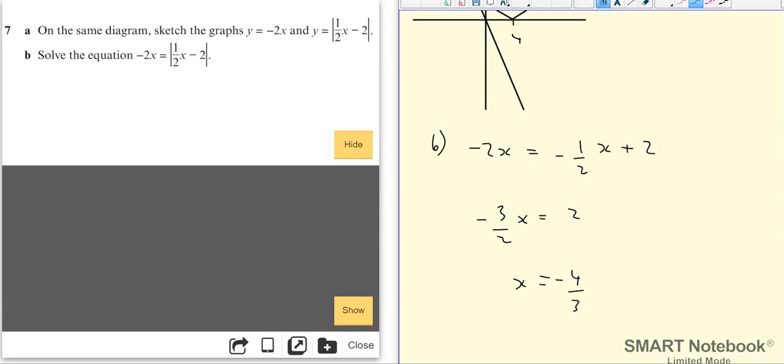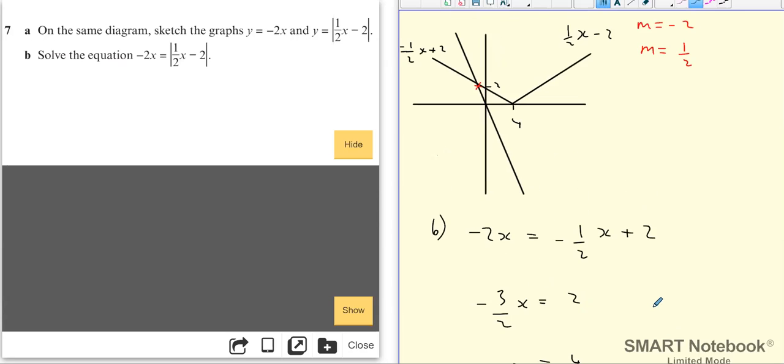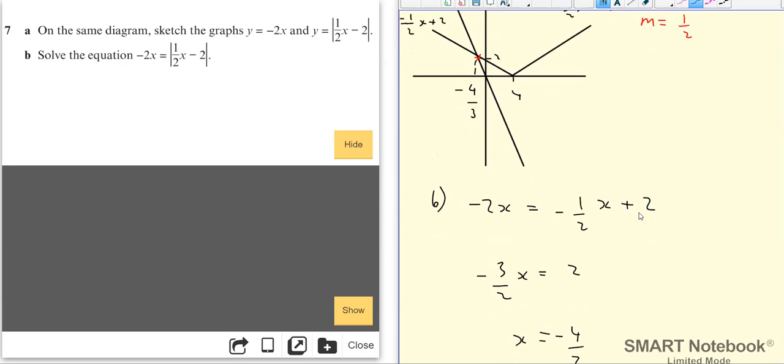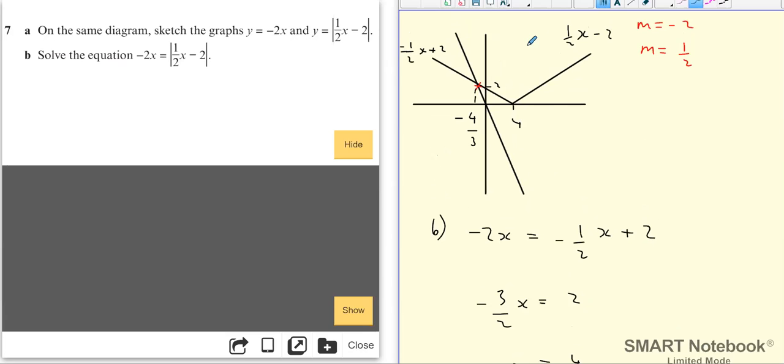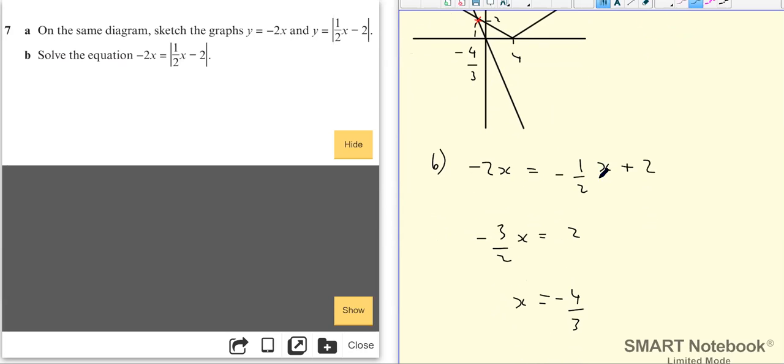Didn't want the coordinates. Sometimes it wants the coordinates when it only wants the x value. So now what we have realized is that the x value there is minus 4 over 3. And that I made by making only the minus 2x graph equal to that part of the graph there. Does that make sense? Can you please let me know in the chat?